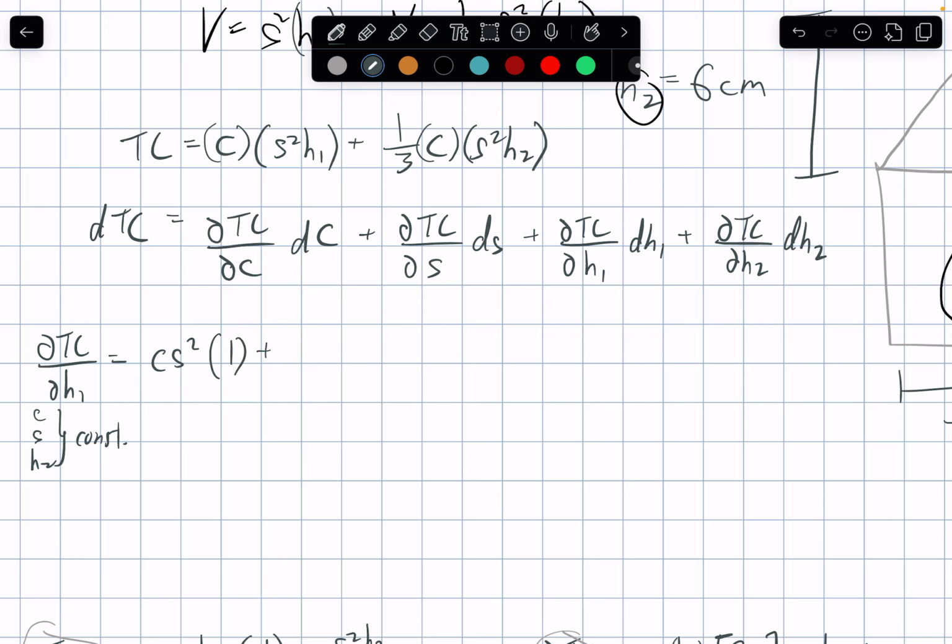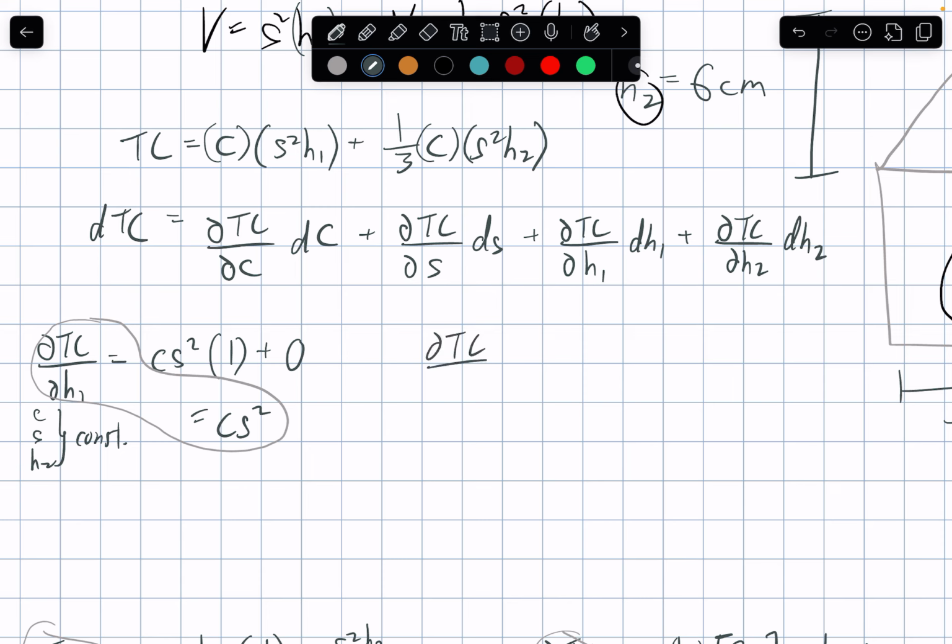H1, so times 1, plus 1/3 C S squared. So everything is a constant here, so that's gonna be 0. So simply, we have C S squared for partial Tc over partial H1.